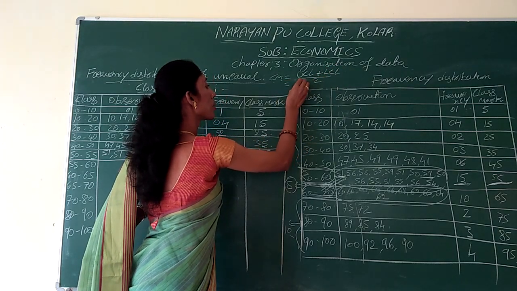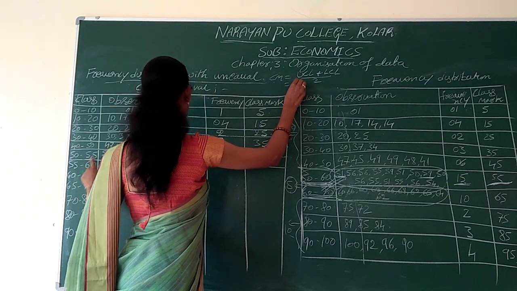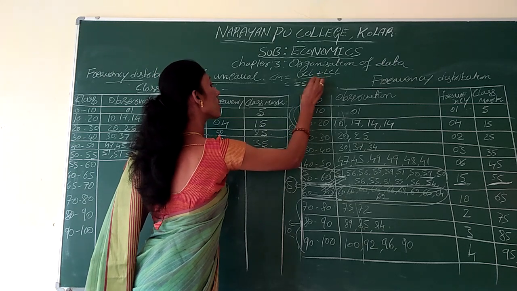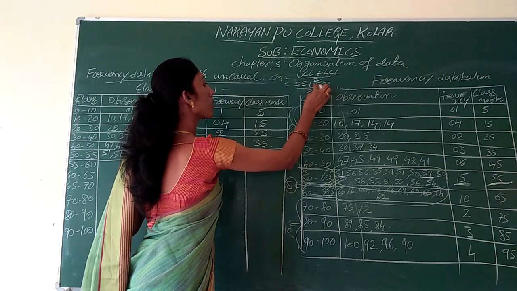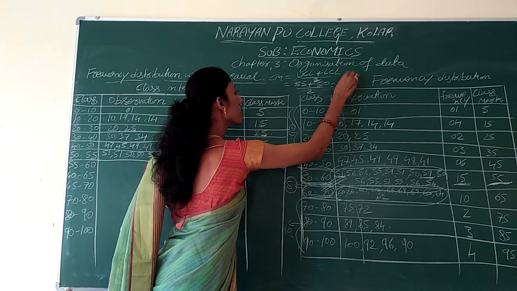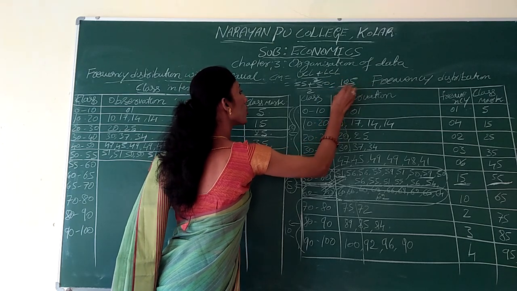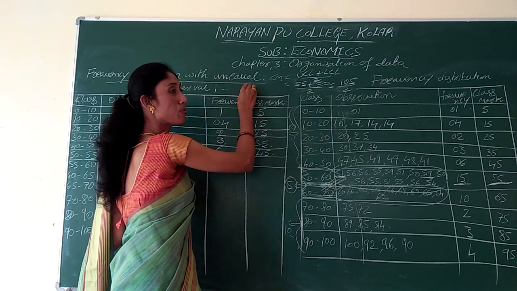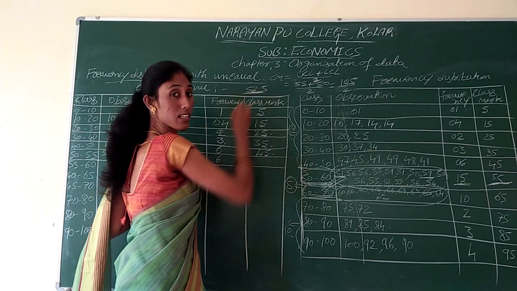The upper class limit here is 55 plus 50 divided by 2. 55 plus 50 is 105, and 105 by 2 gives 52.5.